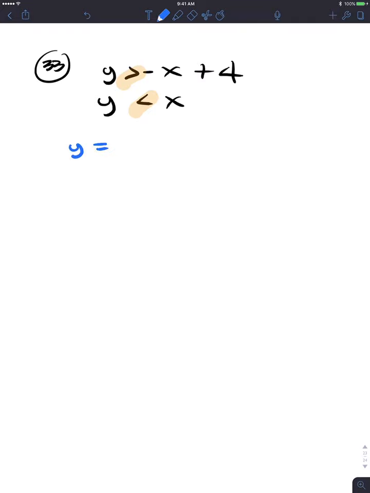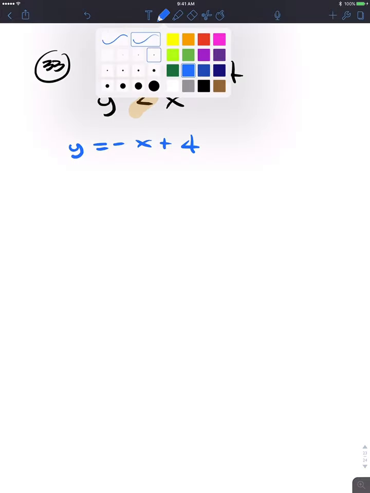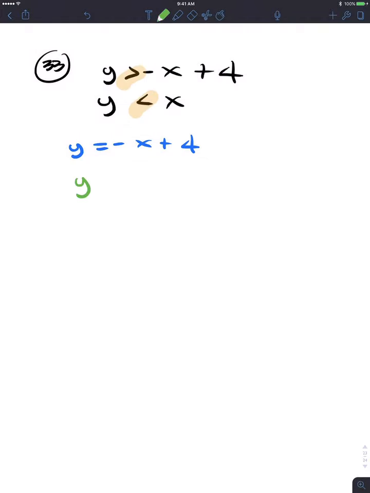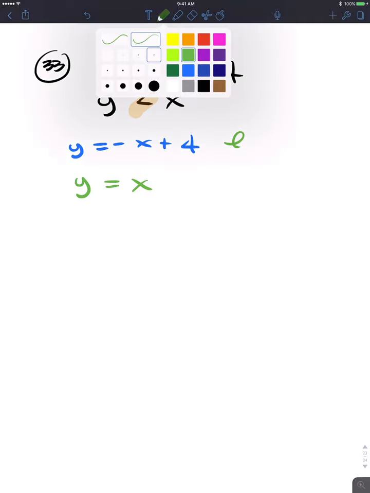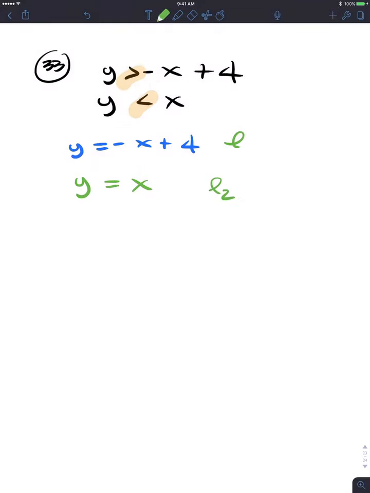Y equals negative x plus 4 on the same Cartesian coordinate system. I'm going to change the color on this one. Let's make this one green. Y equals x. So I'm going to call this line 2, and line 1.